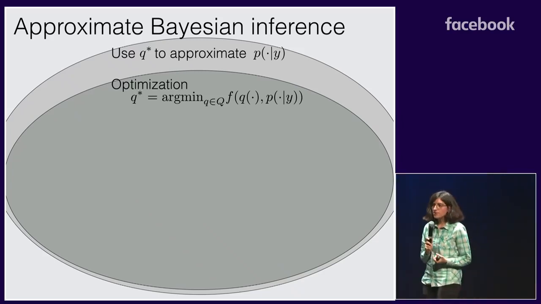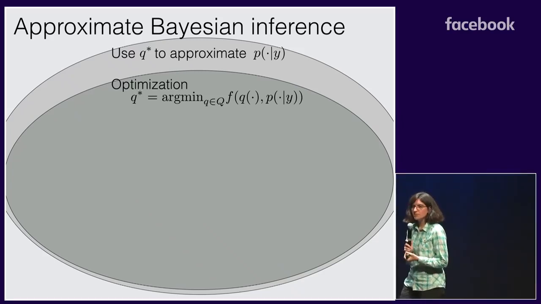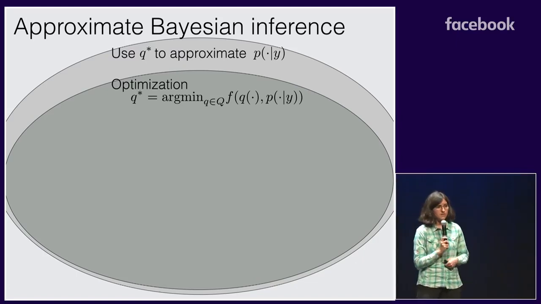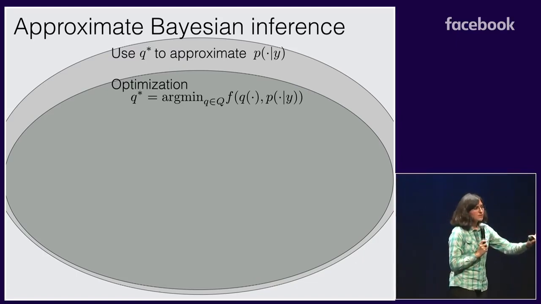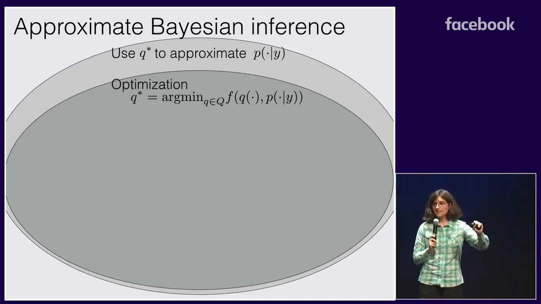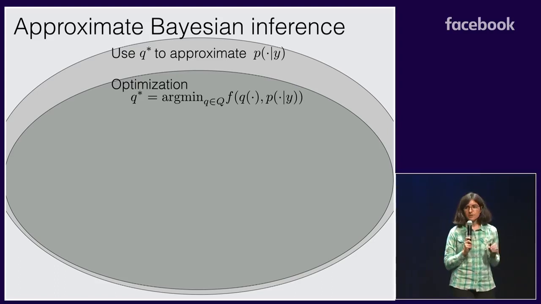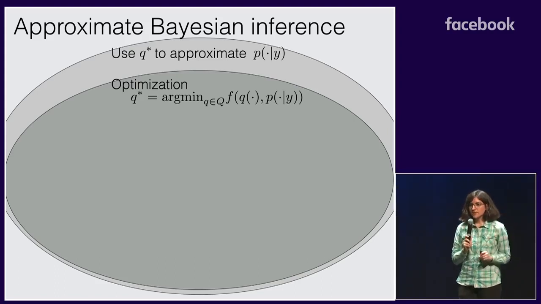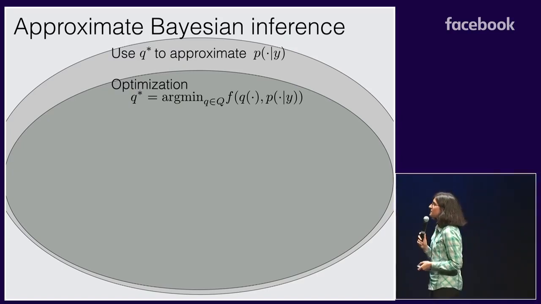In fact, there are other things that don't fit into this framework. If you're familiar with the Laplace method, it doesn't fit into this framework. We could have just found the maximum posterior estimate. We could have said what value of theta, what value of our parameters maximizes the posterior, and done a local perturbation around that to get a Gaussian approximation. That's the Laplace idea. So there are other methods of approximation we could have used.